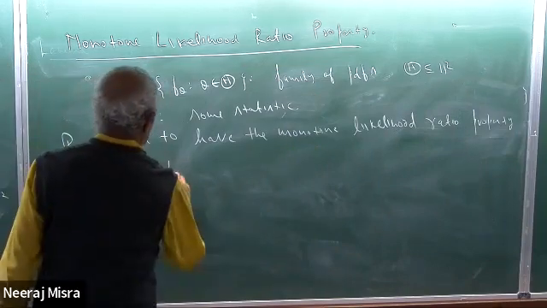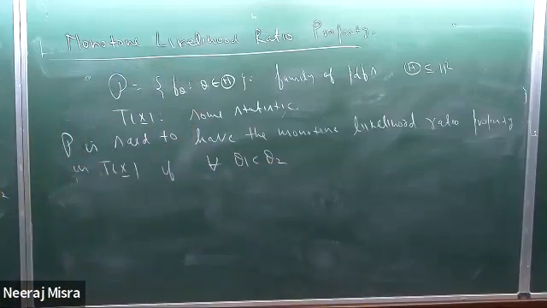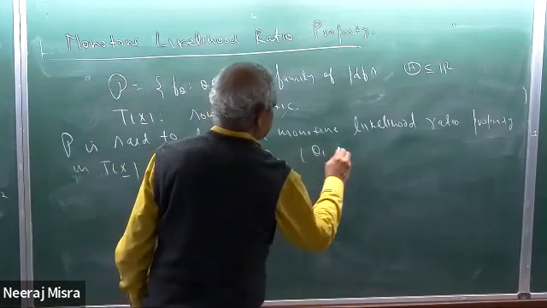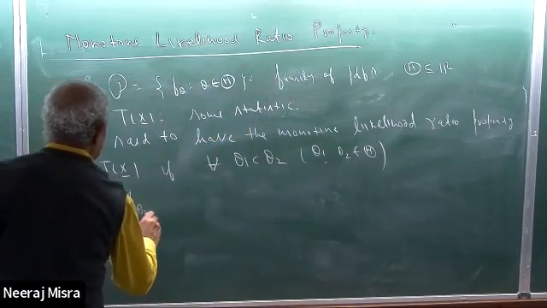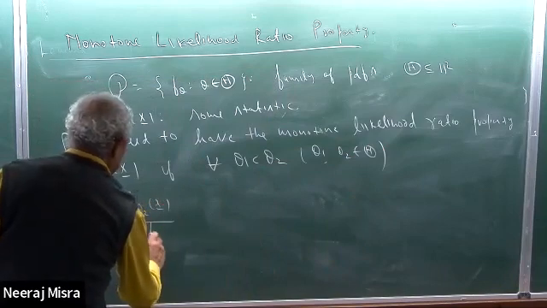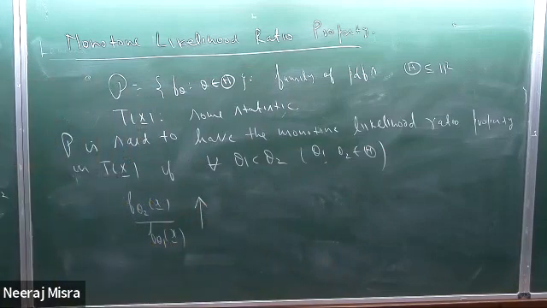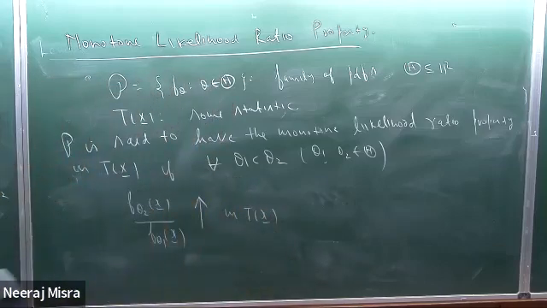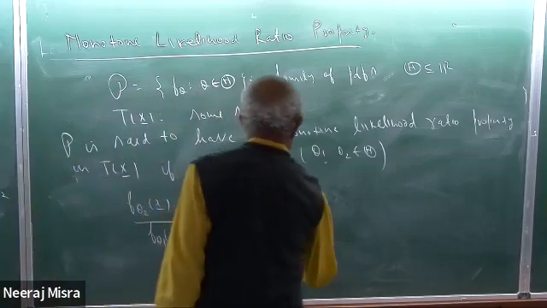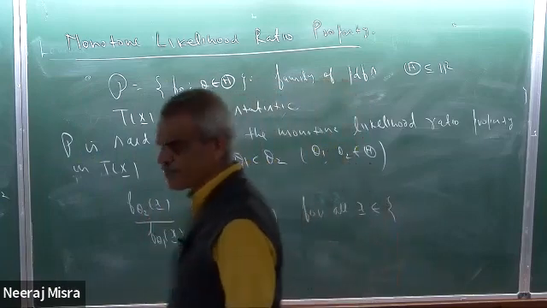if for every theta 1 less than theta 2, theta 1, theta 2 belonging to the parameter space theta, when you look at f theta 2 (x) upon f theta 1 (x), it is increasing in T(x), for all x where at least one of them is positive.